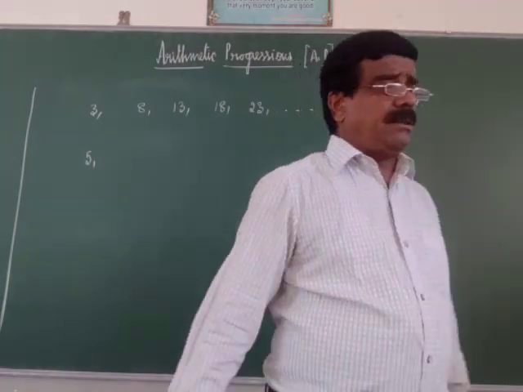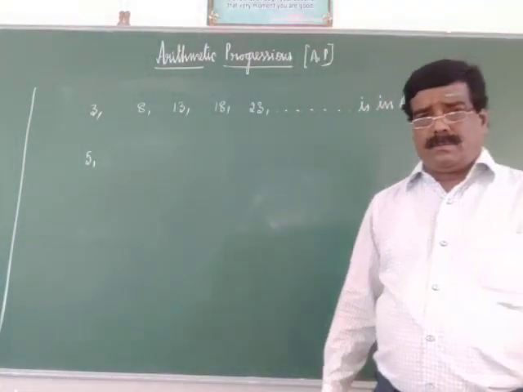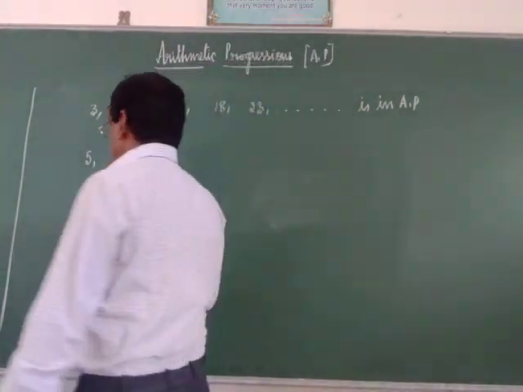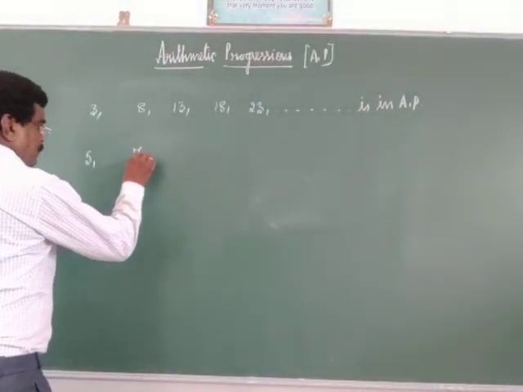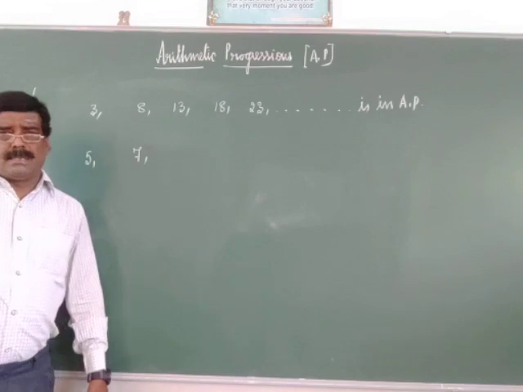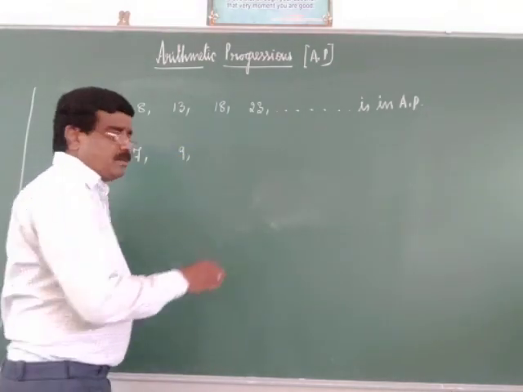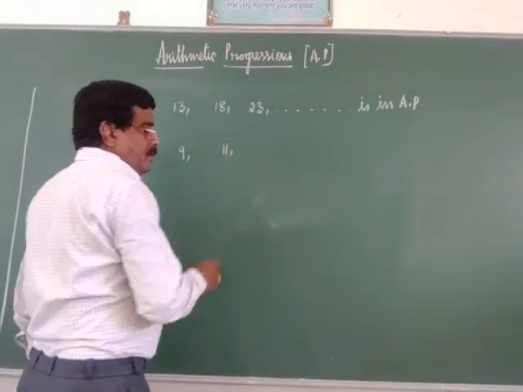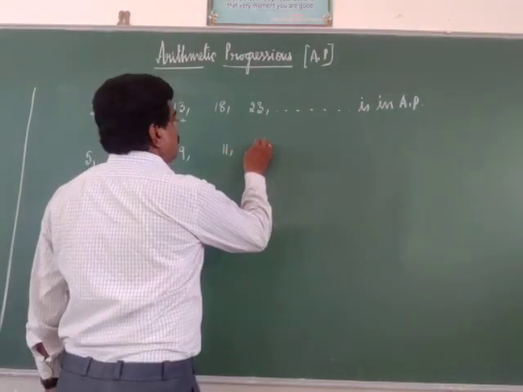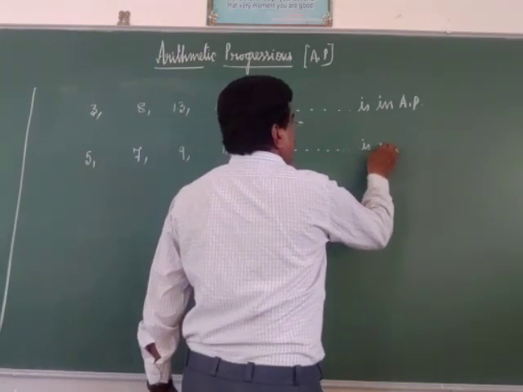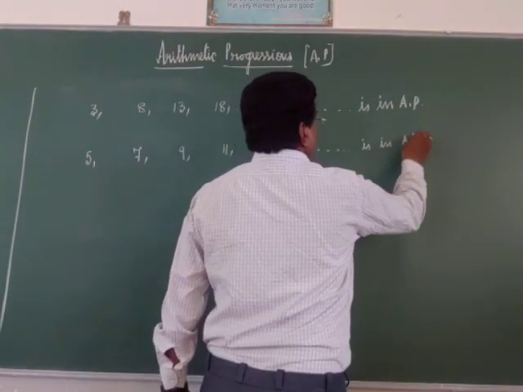Then I want that number, let me say 2. So what is 5 plus 2, children? 5 plus 2 is 7. Then 7 plus 2, 9. 9 plus 2, 11. 11 plus 2, 13. Dot dot dot, etc. is an AP.